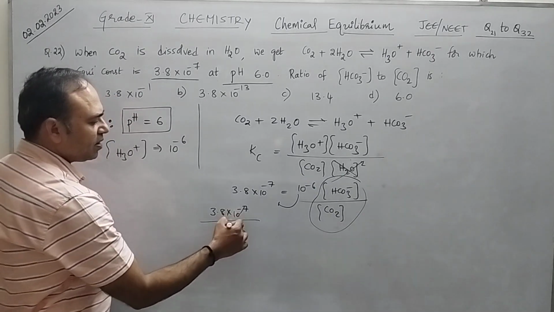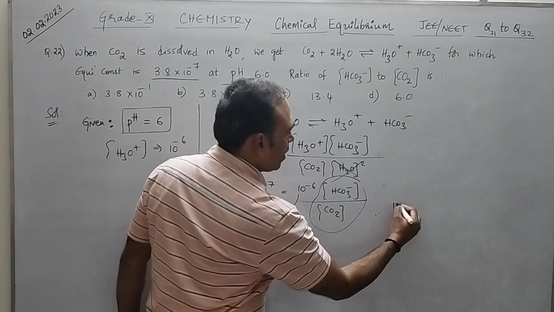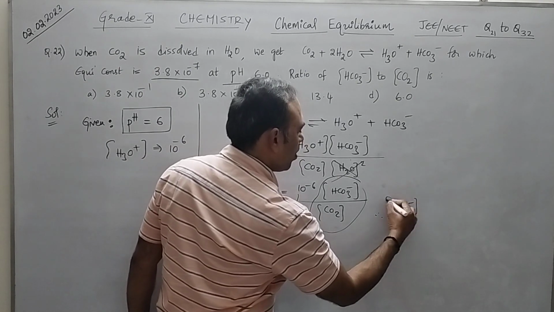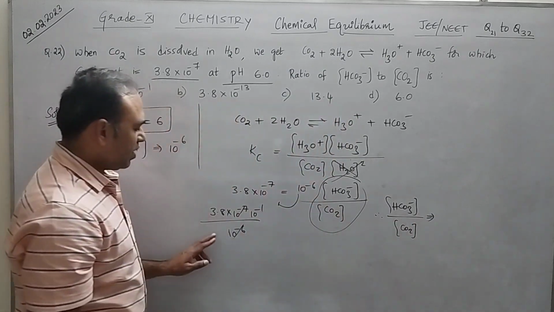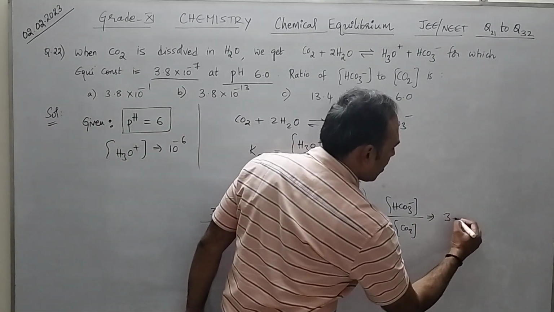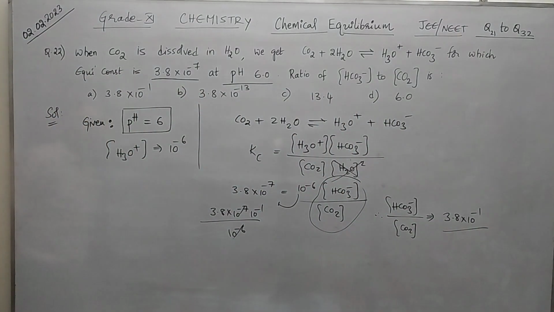Now if you cancel this, you will get 10 to the power of minus 1. So therefore the ratio of bicarbonate to the concentration of CO2 is nothing but 3.8 into 10 to the power of minus 1. So we got the answer as A.